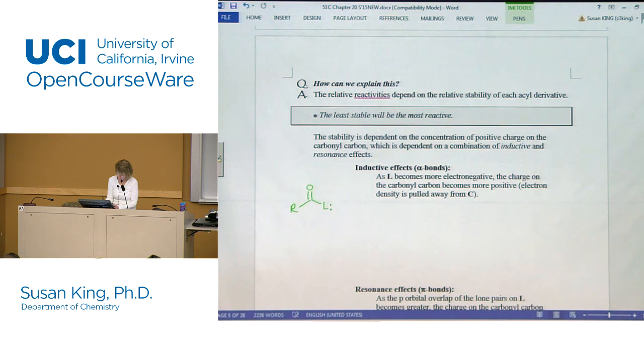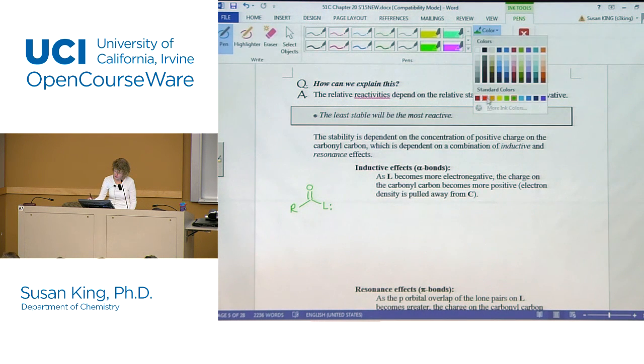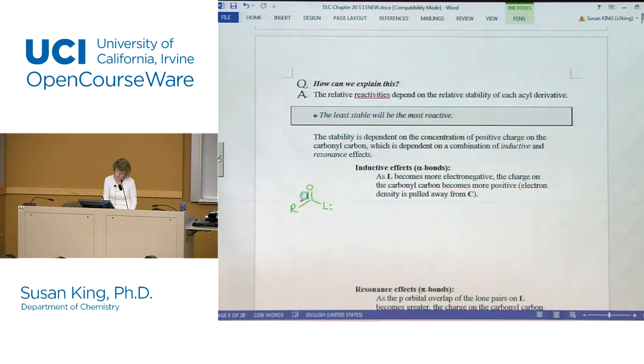So groups where we have an L bonded to the carbonyl, L bonded to the acyl group. And as L becomes more electronegative, what's going to happen? What we're basically doing here is looking at how the charge on that carbonyl carbon is changing as we make changes in L.